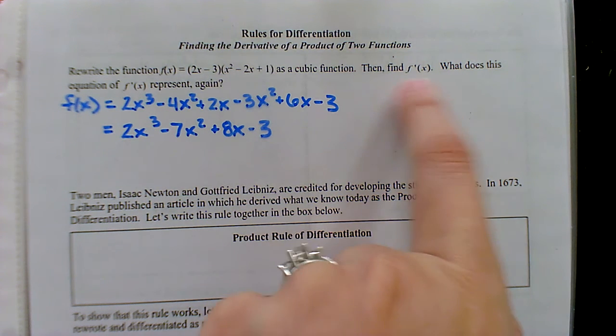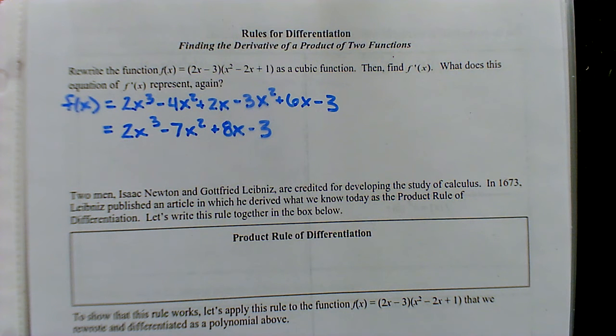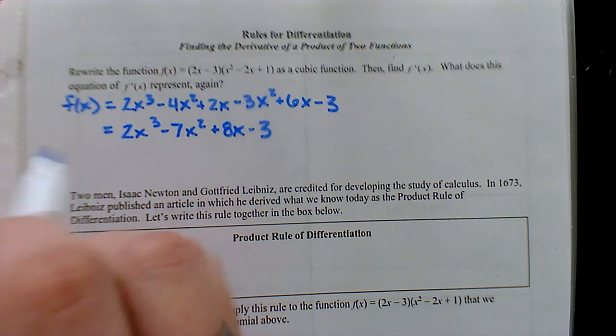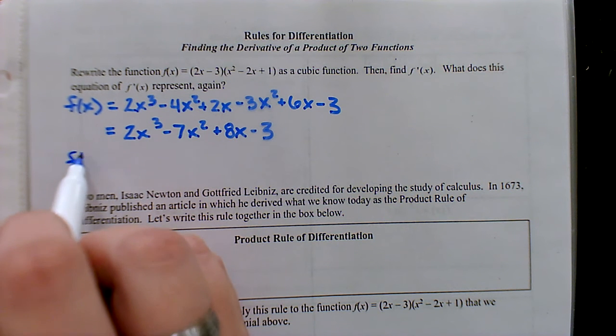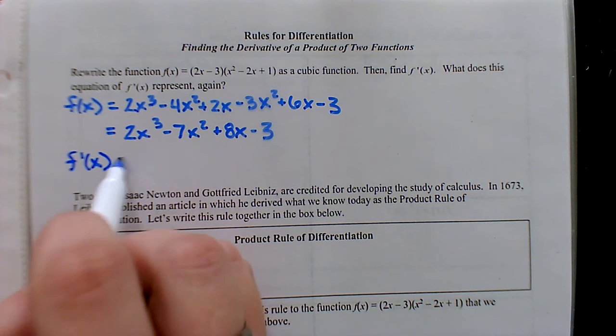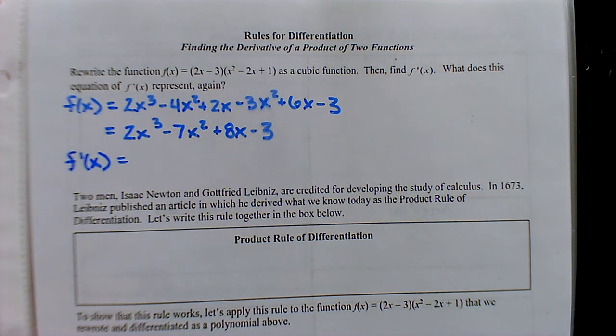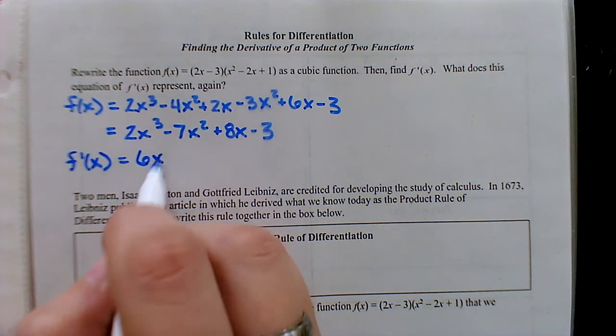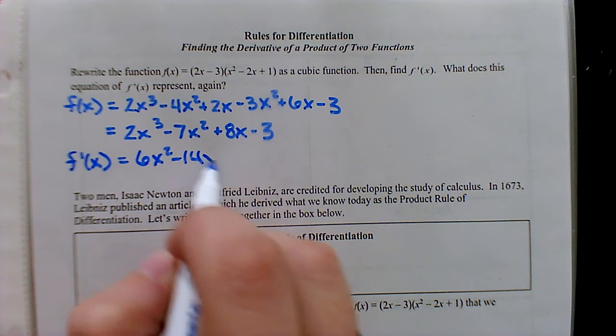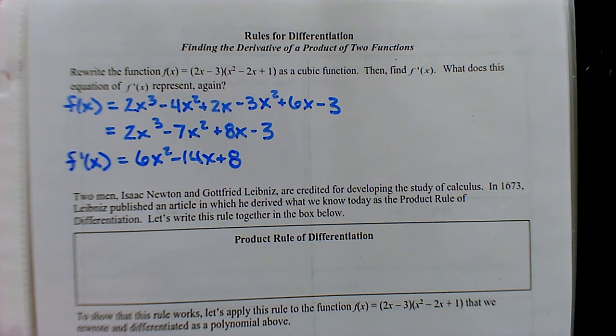Okay, then find f prime, which means f prime. What does that symbolize? Derivative, okay? So let's go ahead and use our power rule shortcut. I think we're getting pretty good at these. We would have 6x squared minus 14x plus 8.